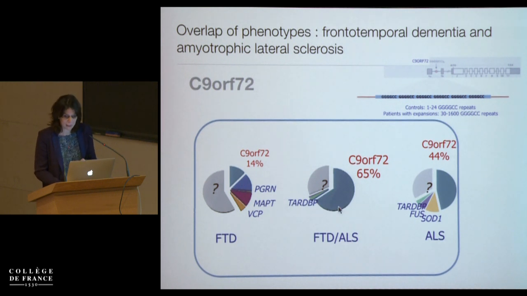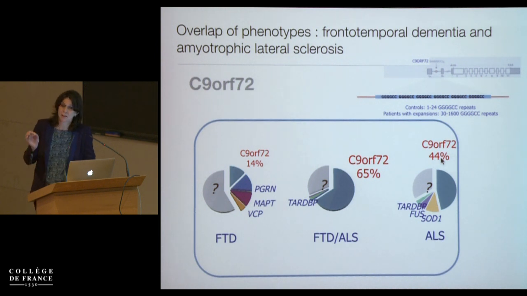You can see in the figures here, which we were all very much astonished by, that this repeat is responsible for 65% of the familial disorder associating dementia and motor neuron disease. But even in only motor neuron disease, you have 44% which are due to this gene.